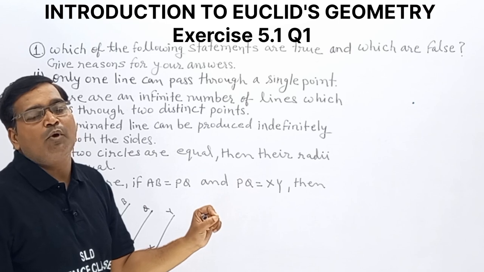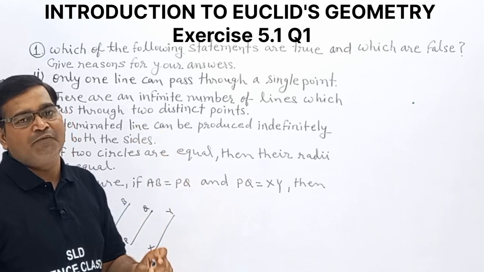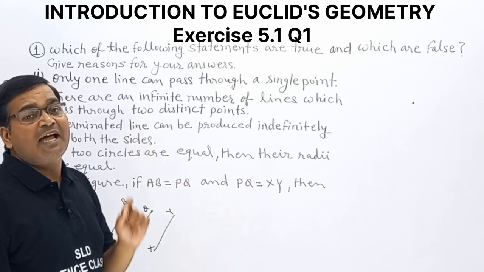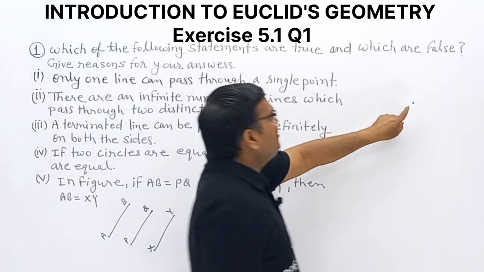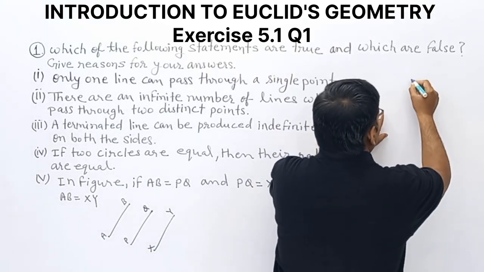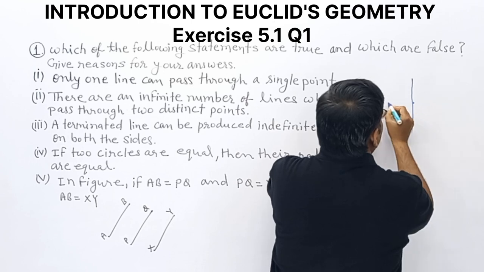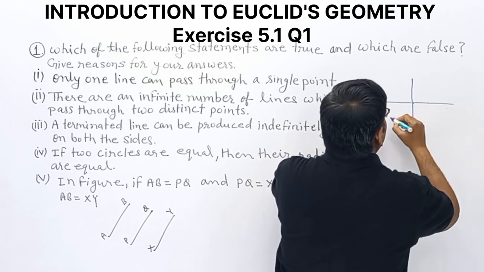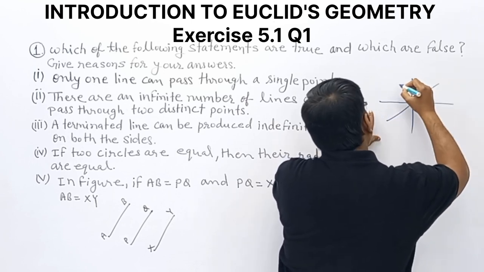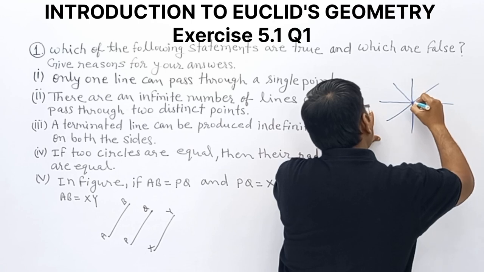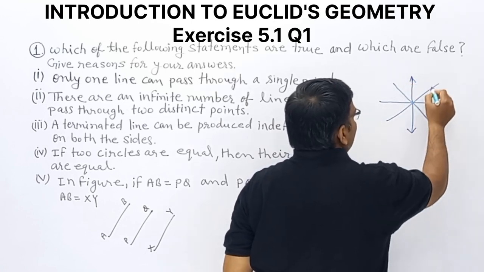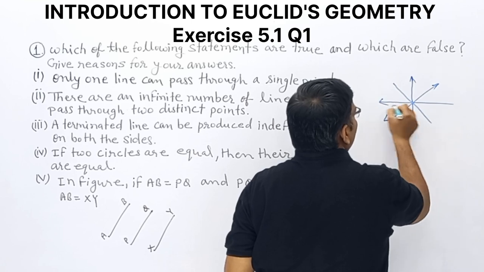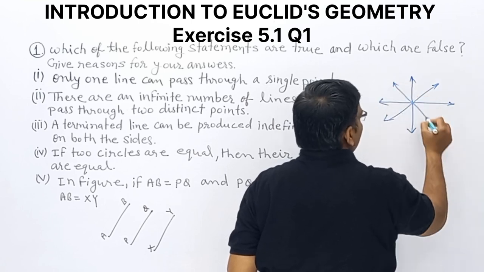From a single point, an infinite number of lines can pass, like this. This is one line, this is another line, this is one more line, this one is also passing through this point. So these lines are passing through a single point.